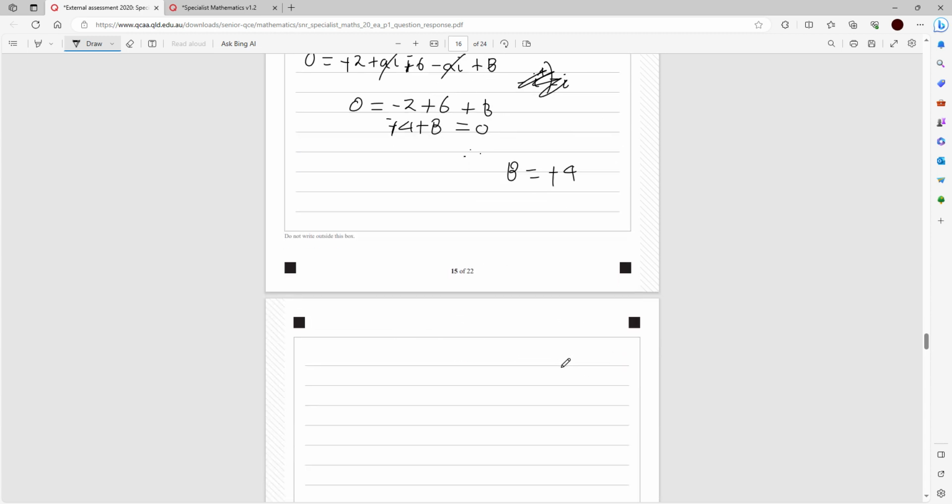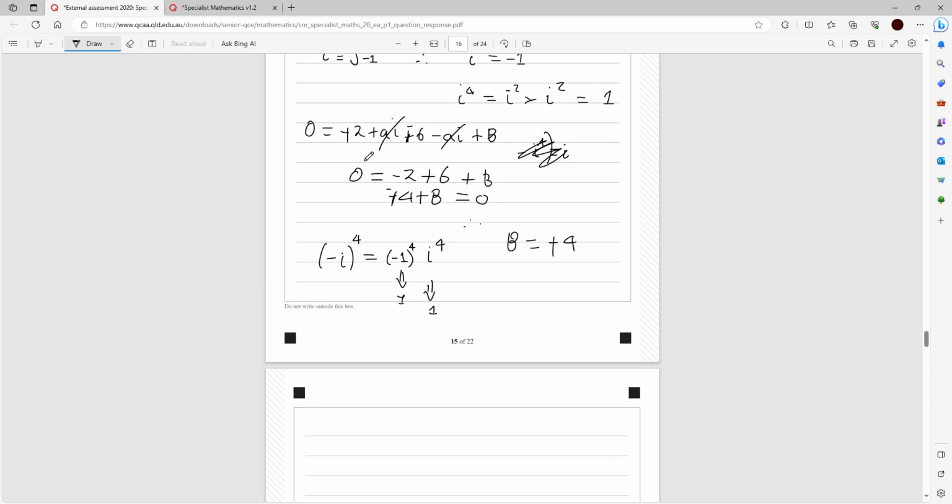So what we have here is negative i to the 4 is going to be negative 1 to the power of 4, i to the power of 4. That is going to be 1, and this we just worked out is going to be 1. So it's not going to be negative 2 here, it was plus 2, because negative i to the power of 4 is just going to be 1.